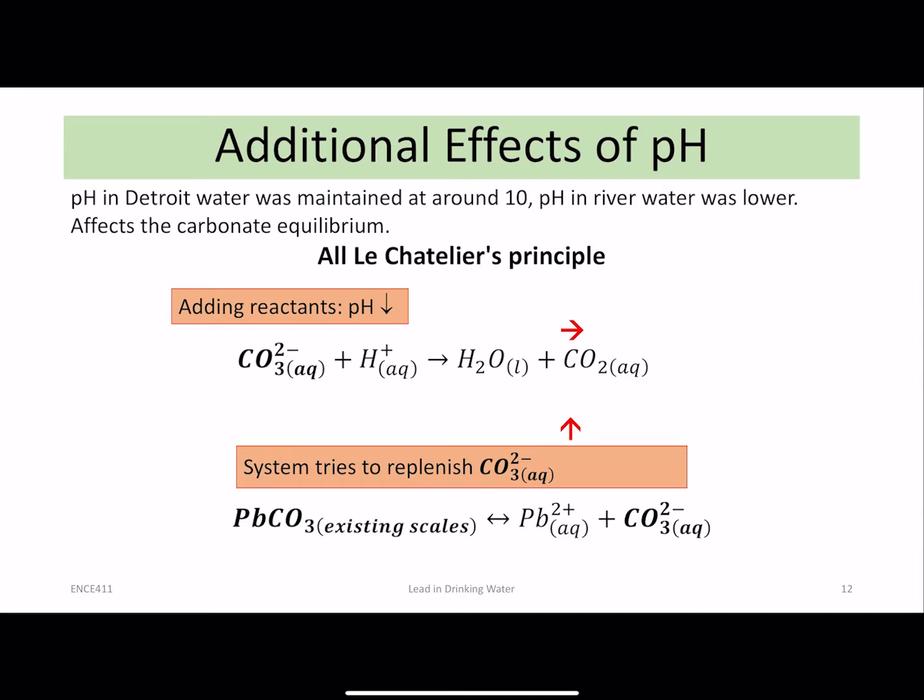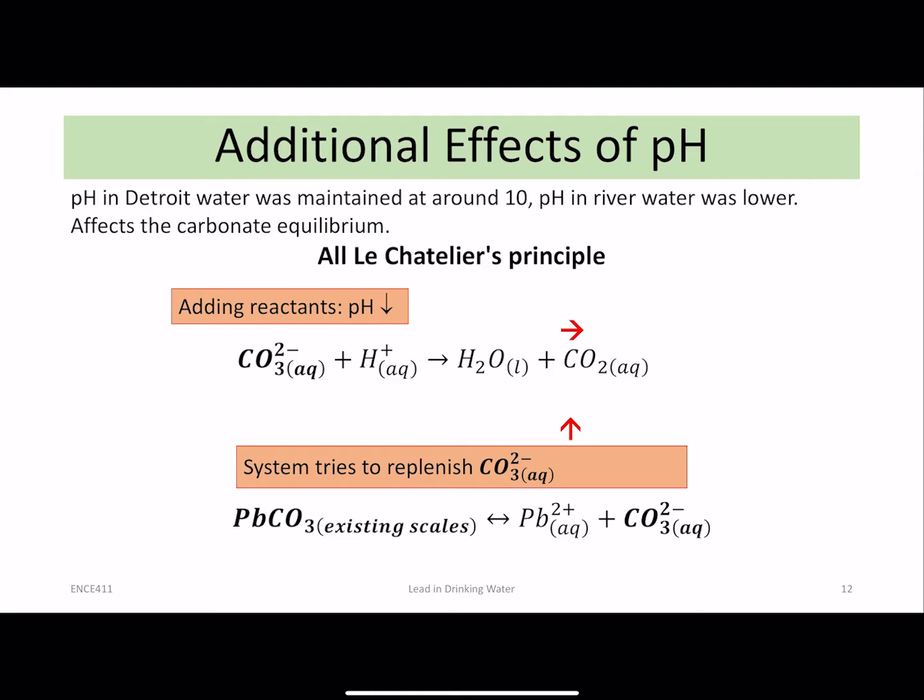But because in this case the pH in the Flint water was decreasing, what happened with the concentration of protons? Does the concentration of protons increase or decrease when the pH decreases? Yeah, increases. When the pH decreases, the concentration of protons increases.